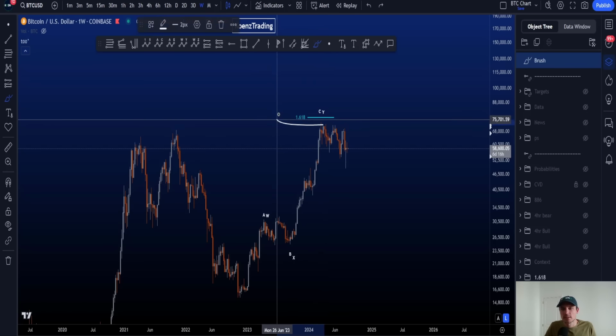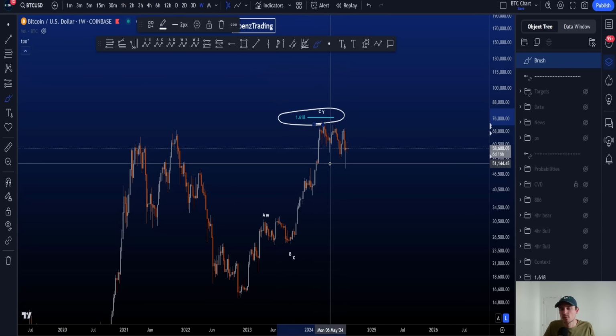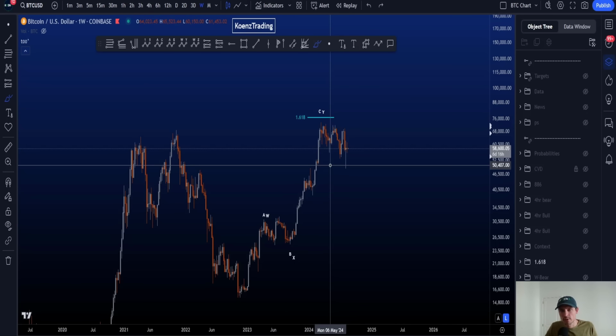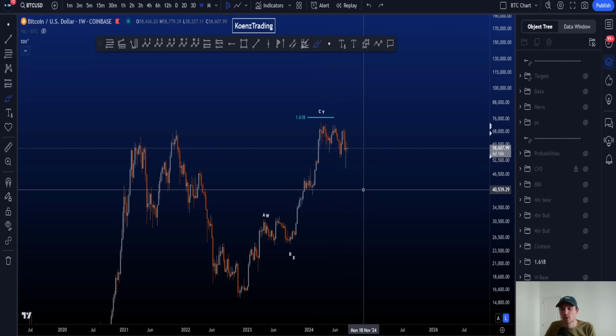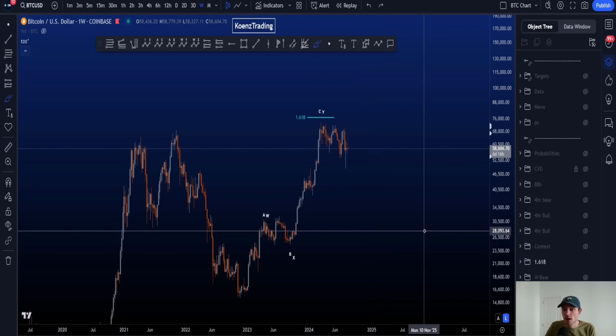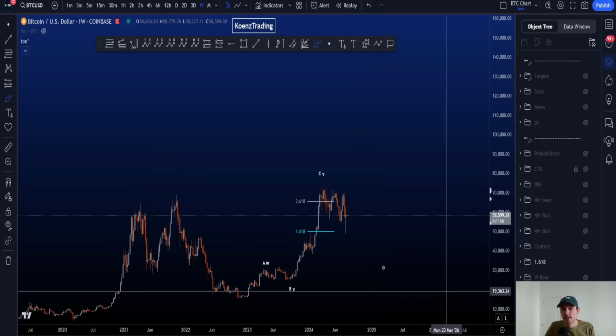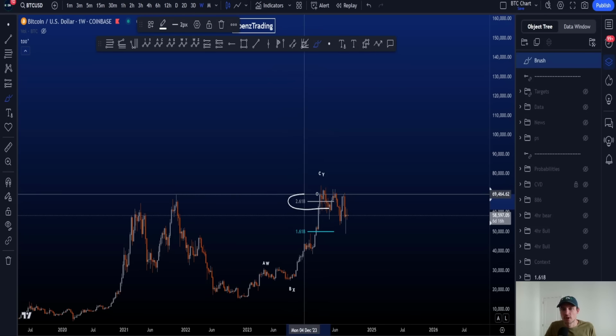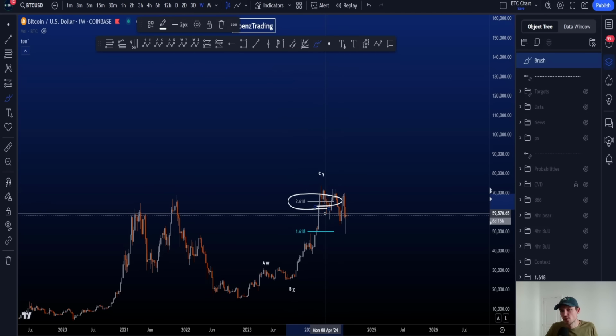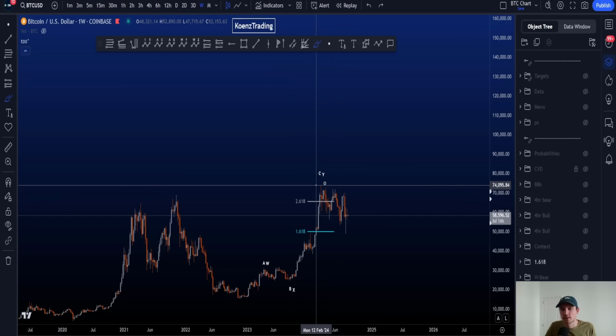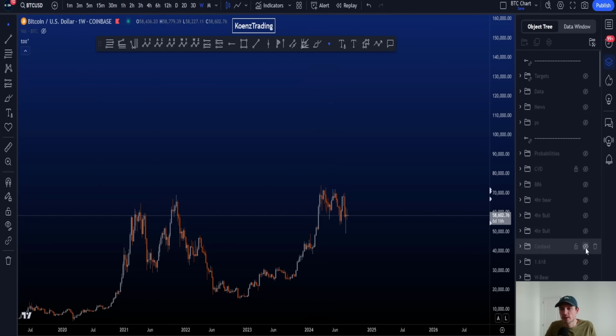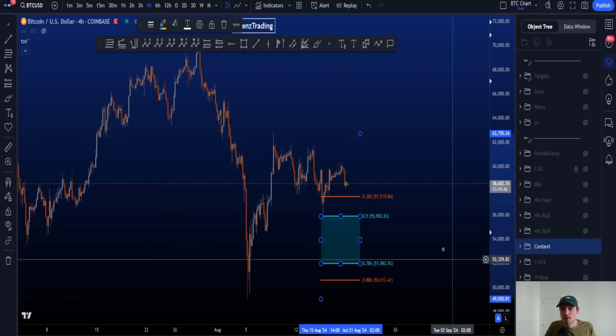And you can see that price moved very close to the 1.618 on a logarithmic chart, which is more common for a wave 3 compared to a wave C or a wave Y. And if I would switch to a linear chart, then you can see that price even moved above the 2.618, which is incredibly rare even for a wave C and a wave Y, increasing the probabilities for a 3. So that is still something that we also have to keep in mind.